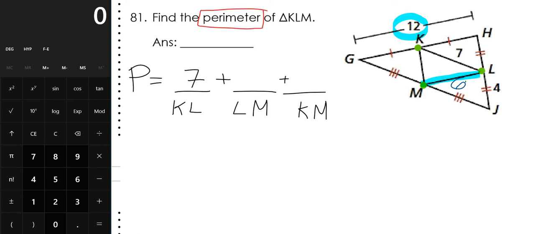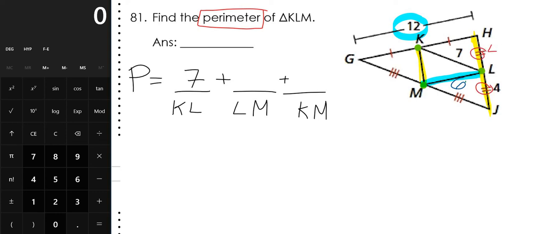Now looking at the last mid-segment here, KM, because I already have the 7 for the one in the middle, KM will be parallel to HJ. And HJ needs to have some type of length so I can figure out what half of it is. Now notice I have two pieces here that are equal because I have two tick marks here, two tick marks here.